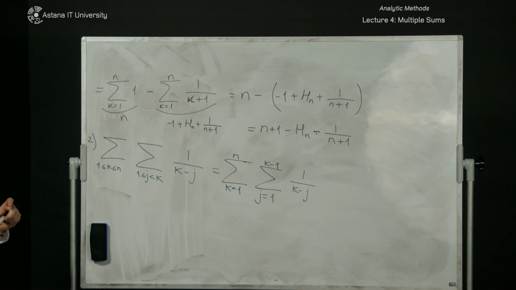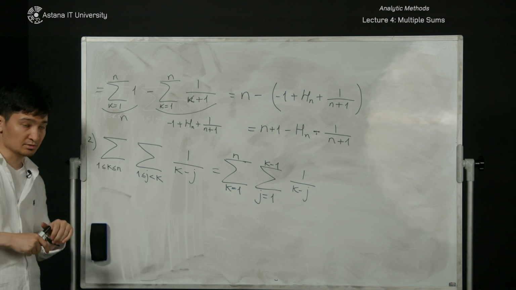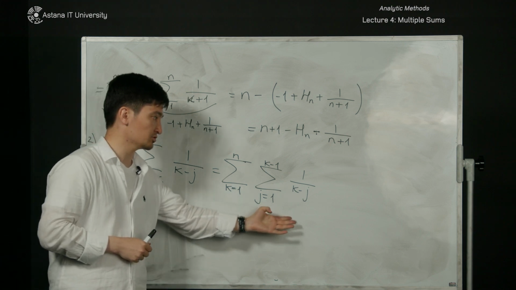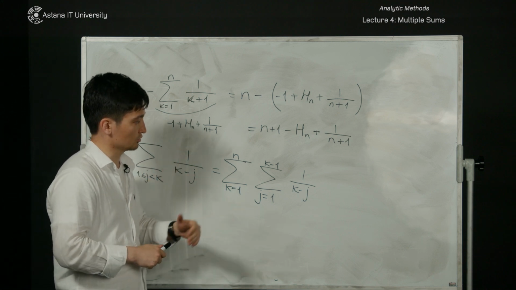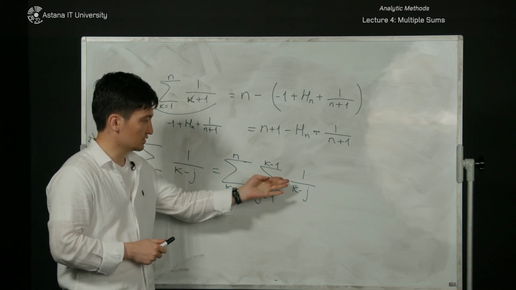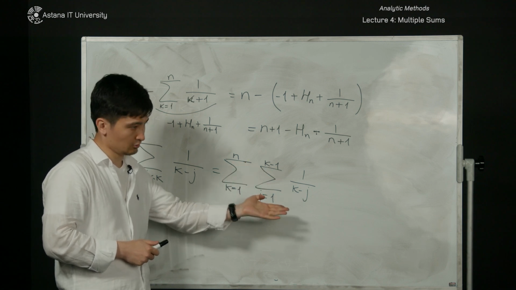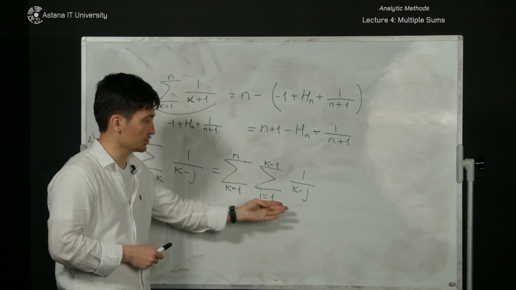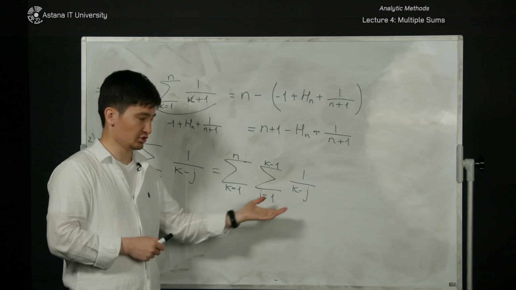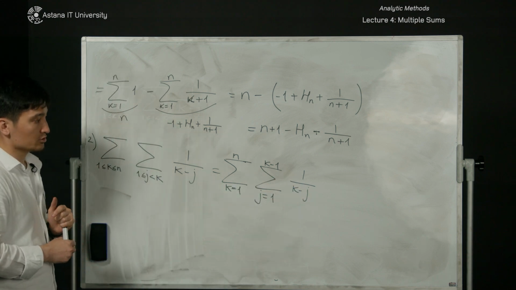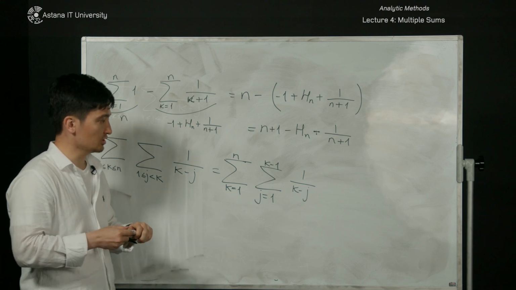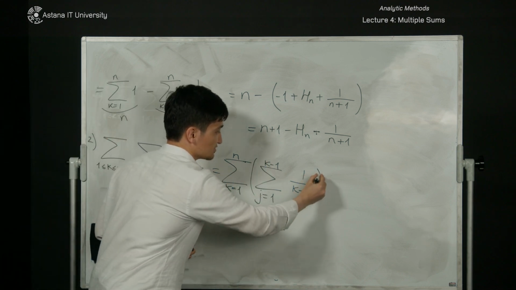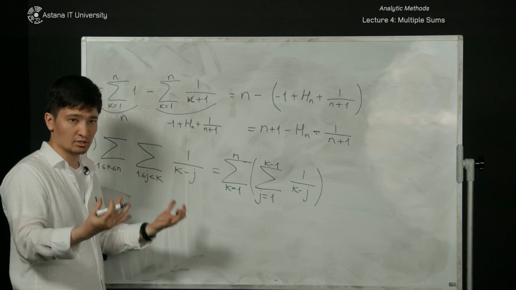Now, we need to look at this carefully. Many times, students get stuck at this point. So, what to do next? It's not obvious what to do. We have k and j, both are indexes, both change. And in this case, you have j inside under the sum, and j changes. So the one trick in this case is to consider this inner sum and expand it, and see what happens.